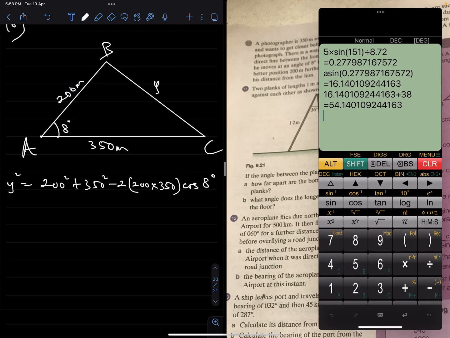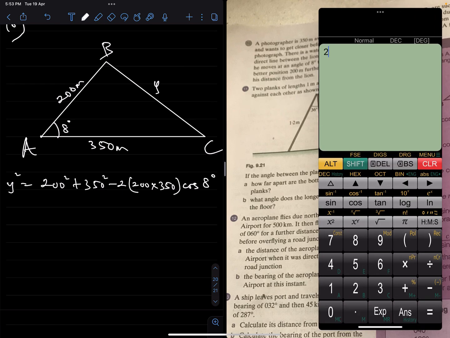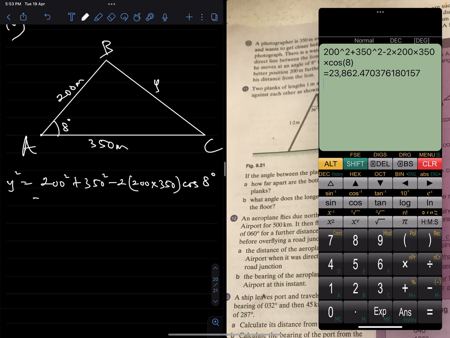So that's it. Let's check. 200 squared plus 350 squared minus 2 times 200 times 350 times cos 8, and that's 23,862.47, approximately.